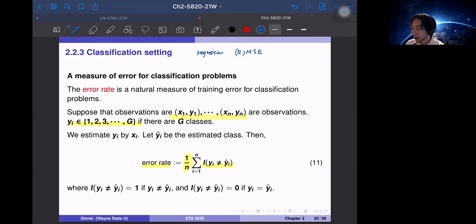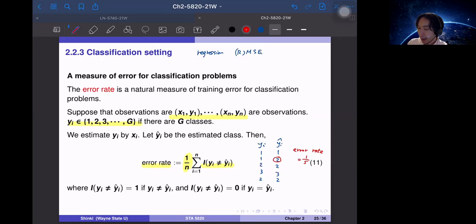So if yi is 1, 1, 2, 3, 2, and yi hat is 1, 2, 2, 3, 2, then one is not correct and the others are all correct. So the error rate is equal to 1/5. Only 1 out of 5 is incorrect.